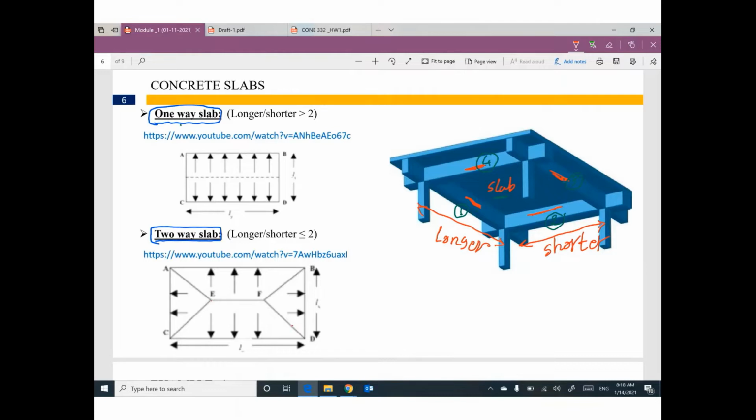If you divide the longer dimension by the shorter dimension and your answer is greater than 2, you are talking about a one-way slab. If the longer dimension divided by the shorter dimension is smaller than or equal to 2, that means it's a two-way slab.